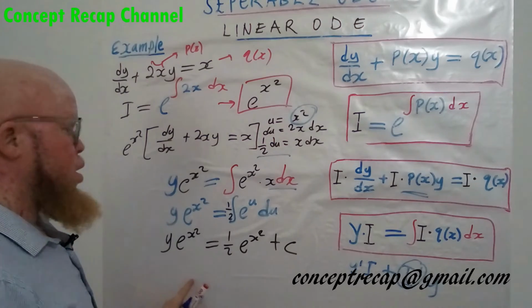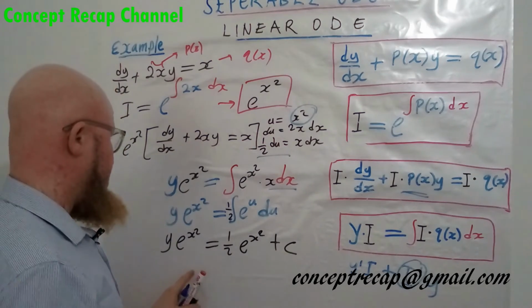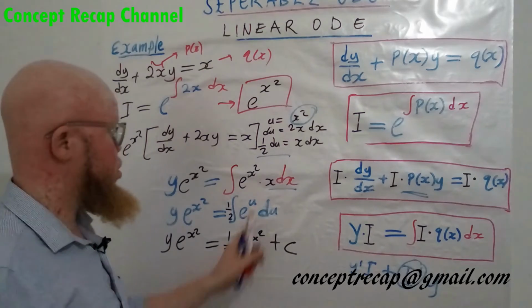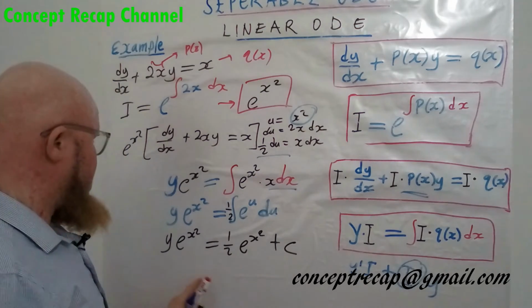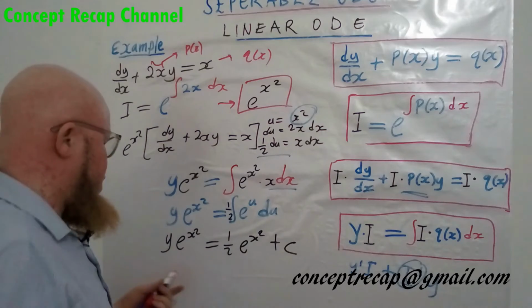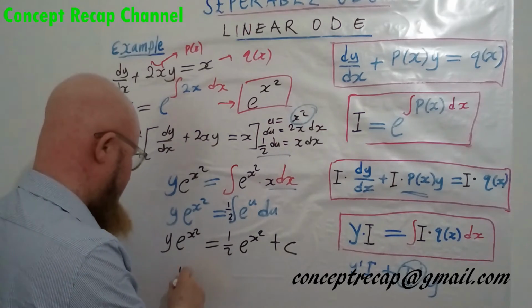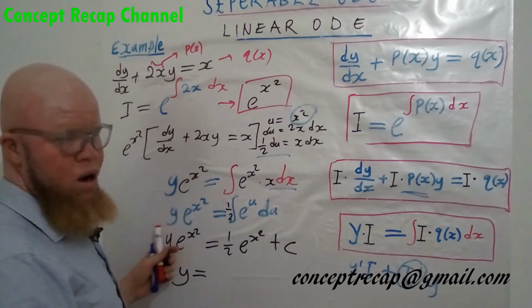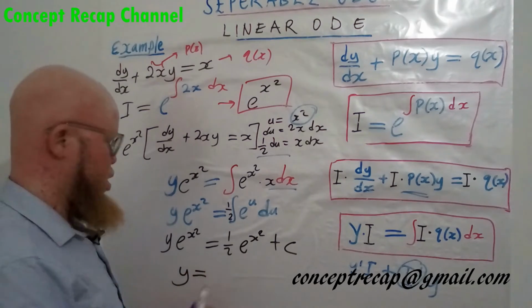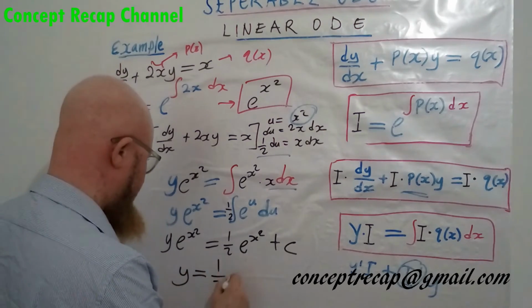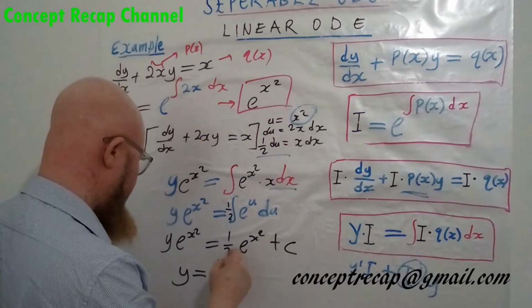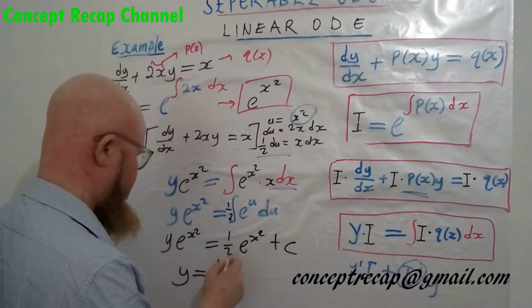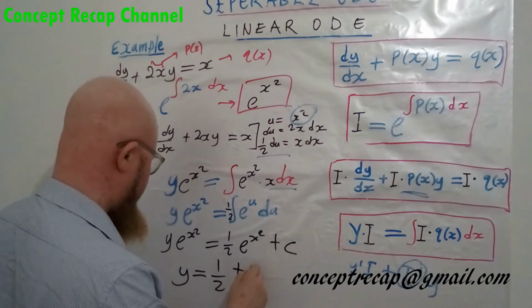Now, let's say you are writing an exam, and you find that this is the answer but it's not among the options. What do you do? Try to simplify it further. You can make y the subject, so this goes to the other side. The 1 over 2 and 2 cancel, then it's plus c times e to the power minus x squared.